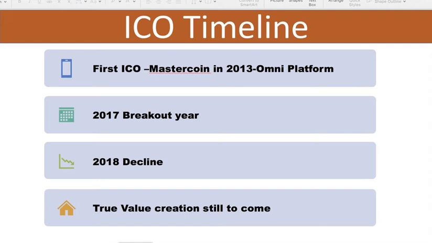It does take time for these projects to utilize their funding to build the company and network according to their white paper. This is why from the time of the ICO until the official launch of the company's offering, tokens can undergo significant volatility as they are essentially at the whim of market speculation at that point.